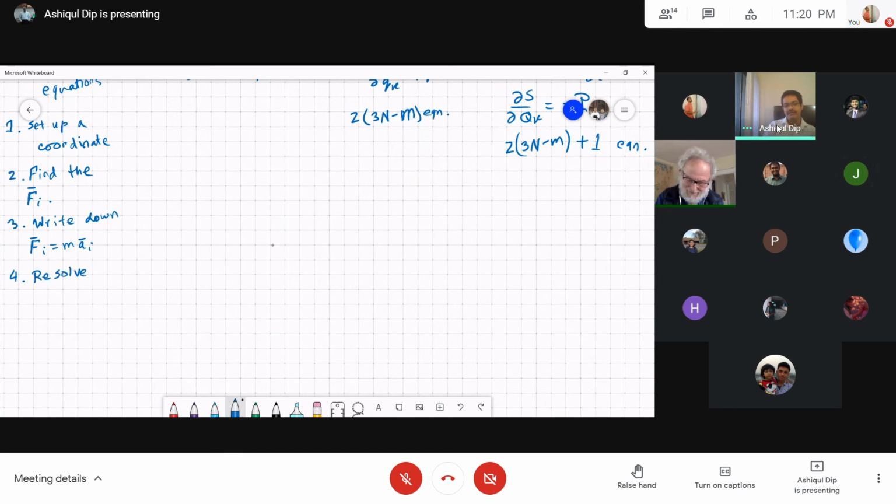Resolve the equation in the chosen coordinate.